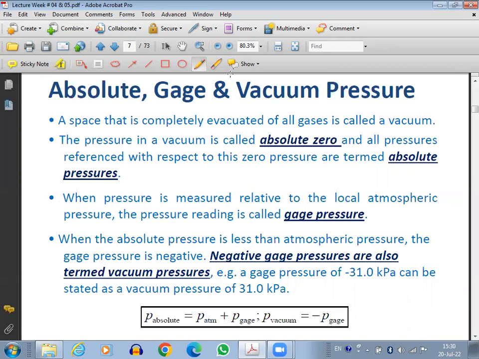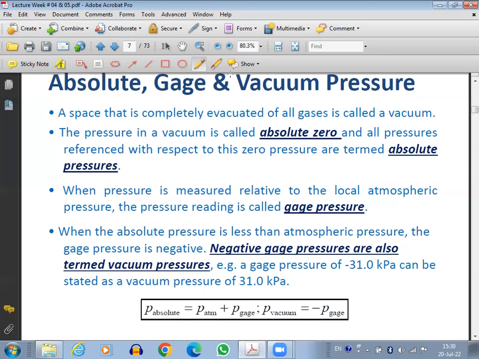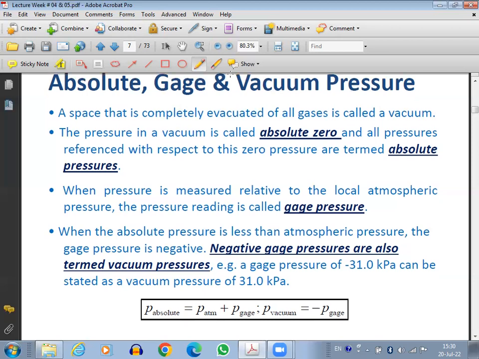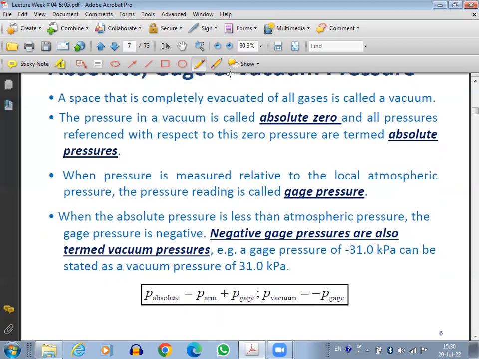But if you don't know it, it's okay. We are studying it here again. Absolute, gauge and vacuum pressure. This concept is very fundamental in this course, so I want you to pay a little focus on it.